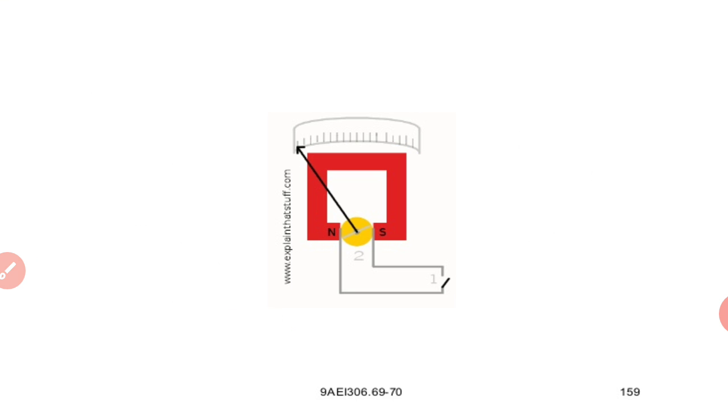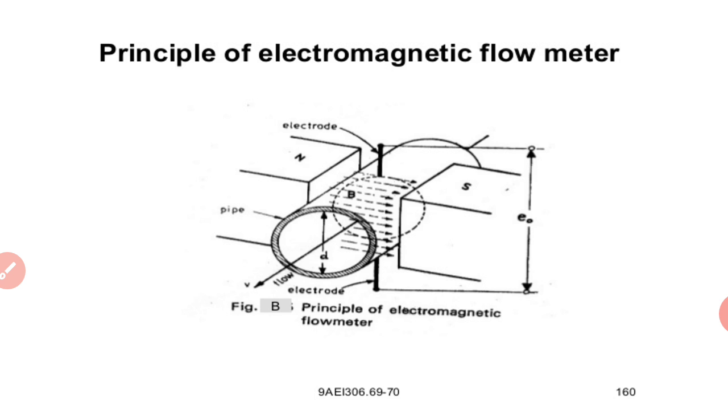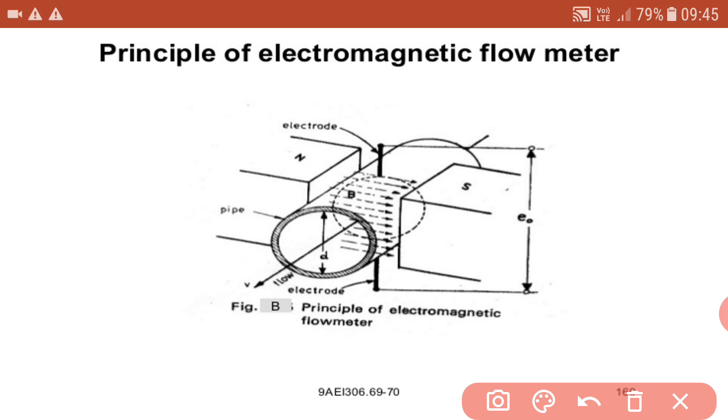This is the animation of how it is generated, but we will first see the principle of the electromagnetic flow meter. Here we can see two permanent magnets, N and S, and the flow is flowing from here.